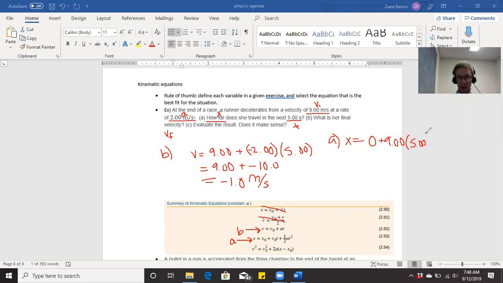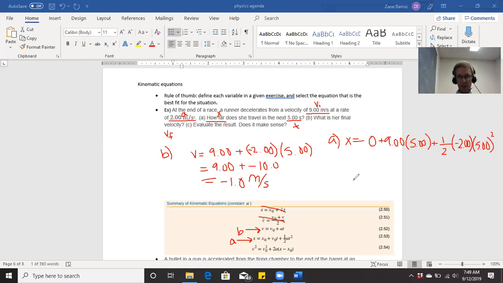And then we're going to add on to that 1/2 a t squared. Our acceleration we said was -2, remember, because we're slowing down. We got that mistake last time. Glad we didn't do that again. And times t squared, which was 5.00 squared.